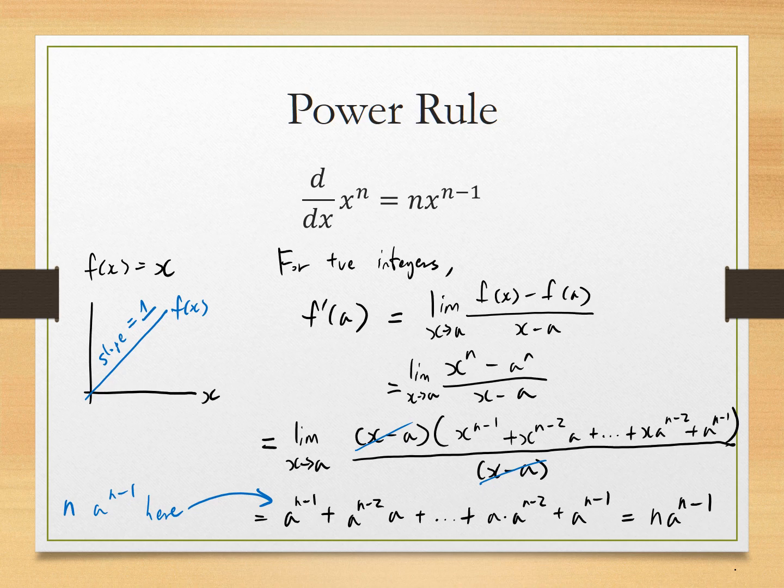So that means the derivative of f(x) at point a equals the limit as x approaches a of blah blah blah, and then you get n a to the power n minus 1. So in this example, I use the original two-point formula and find the limit of that, and you can actually see that it's going to be n times a to the power n minus 1.